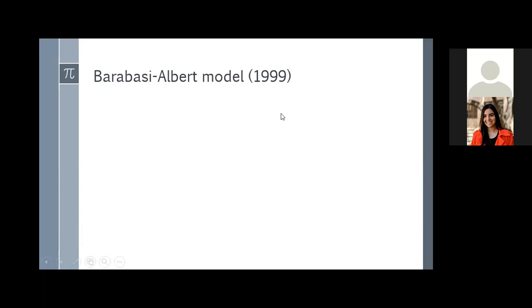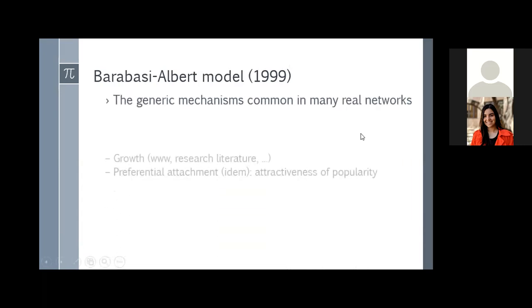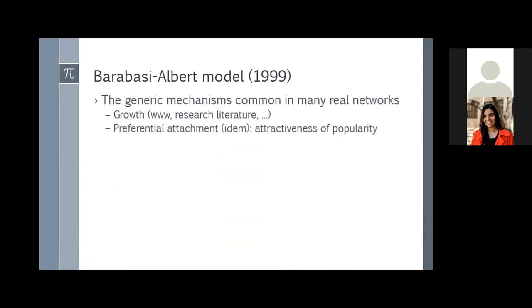So people wanted to explain where this complex network story with a power law degree distribution might come from. And the most important impact in this direction was made by Barabasi and Albert. They proposed in 1999 the so-called preferential attachment approach.